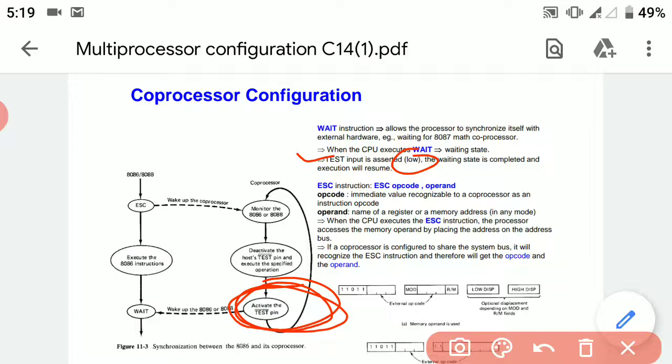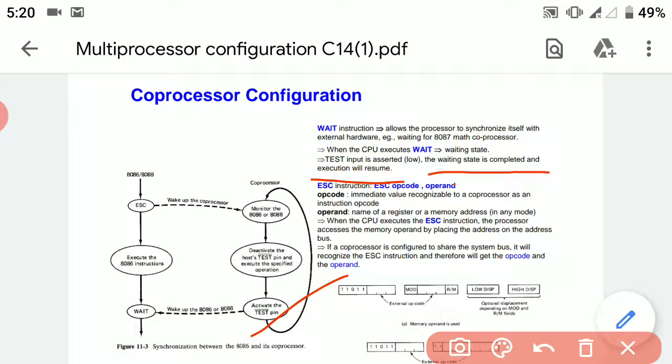The test pin is activated when its state is low, that is, it has a digital 0 state. Whenever this test pin is activated, the waiting state is completed and execution will resume.